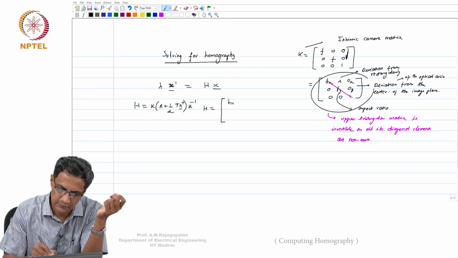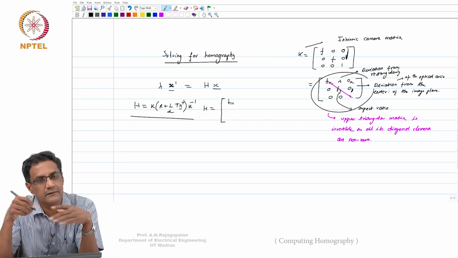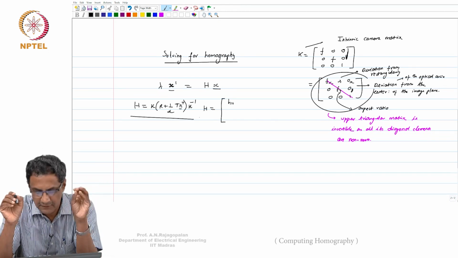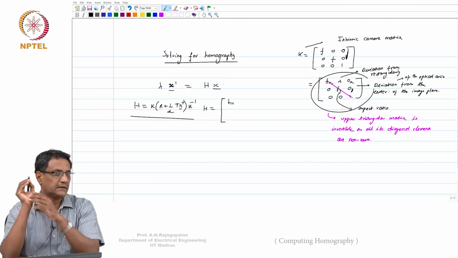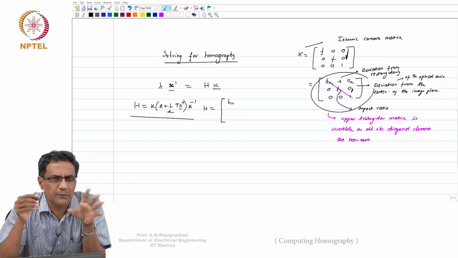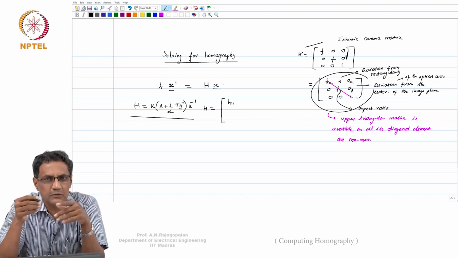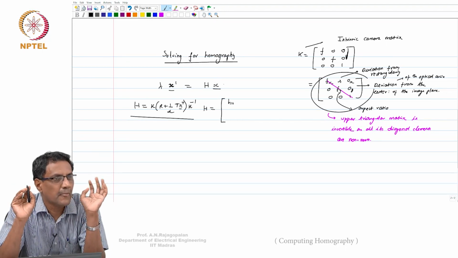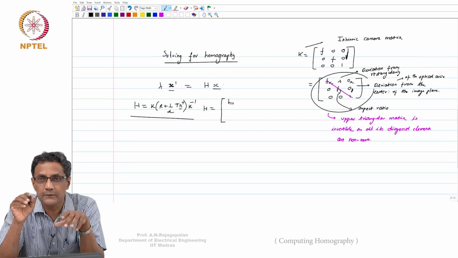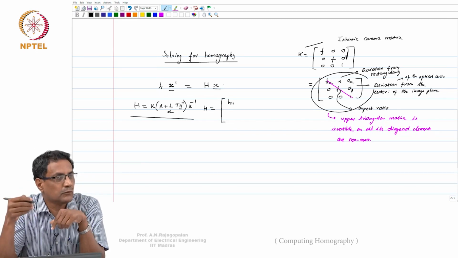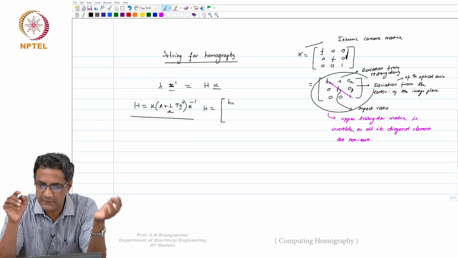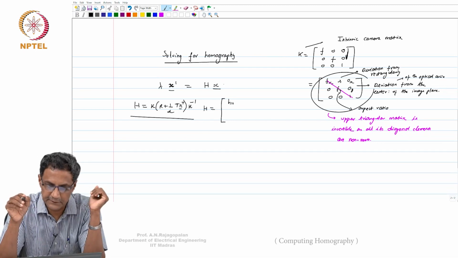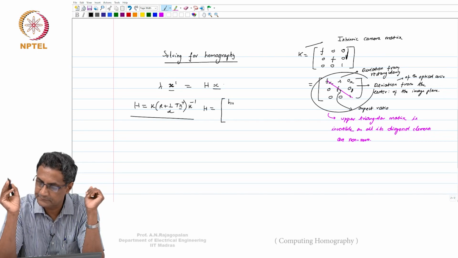Let that K be there, whatever it is. Finally, I just need to map this image onto that. As far as the homography is concerned, I am not worried about the intrinsic parameters, because all that will get absorbed in my h. But if you want some other task, you can't always ignore that and move on. You may have to go back and look at what is my camera, what are its intrinsic parameters, but for a homography, it doesn't matter.